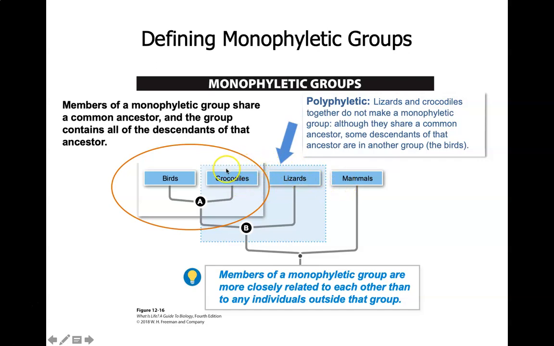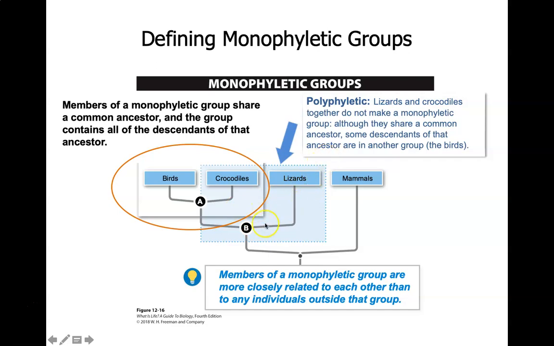So poly means all organisms that are descendants of a particular group but that don't include others. So if we're talking about crocodiles and lizards and excluding birds, these guys are polyphyletic because we're leaving out one of the groups that has a shared common ancestor.